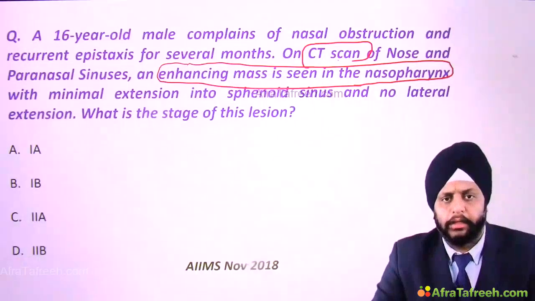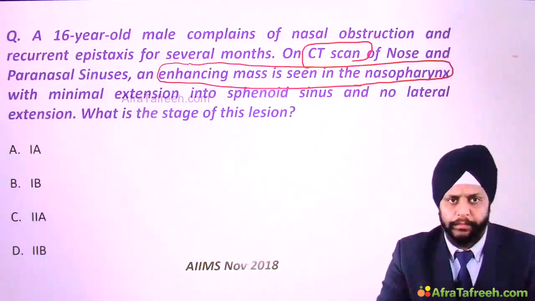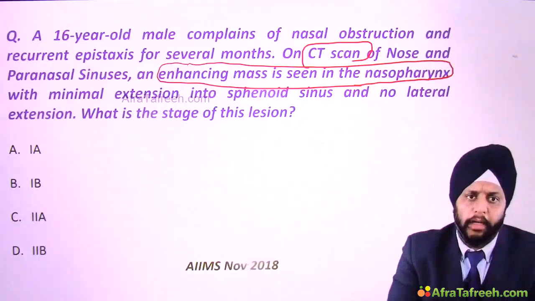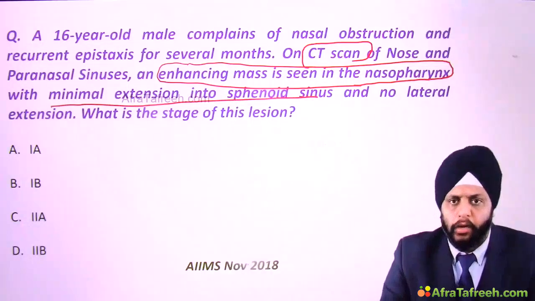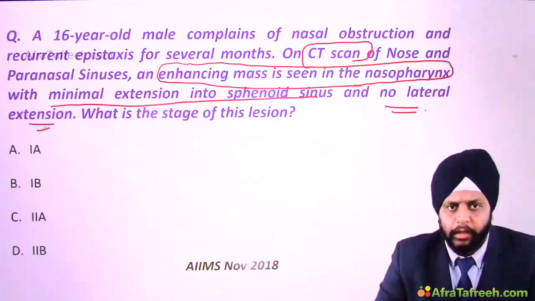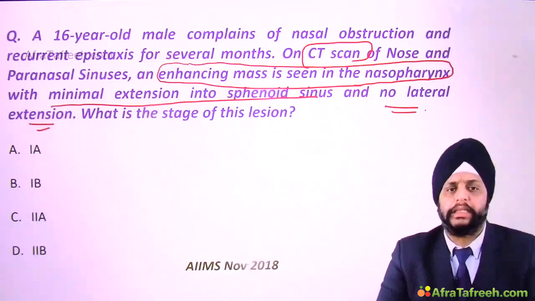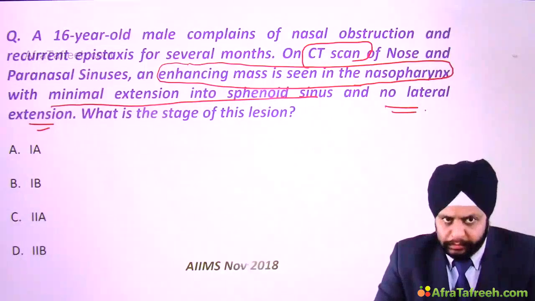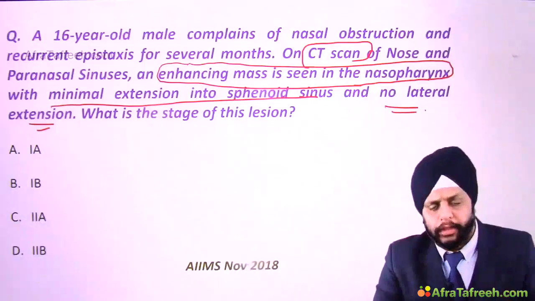There is an enhancing mass in the nasopharynx, diagnosis is confirmed. With minimal extension into the sphenoid sinus and no lateral extension. What is the stage of this lesion? Alright, so let us do the staging of the JNA.